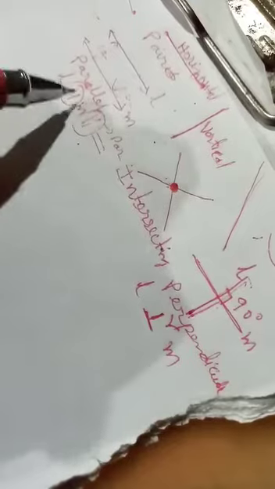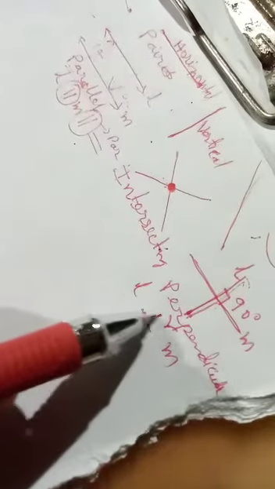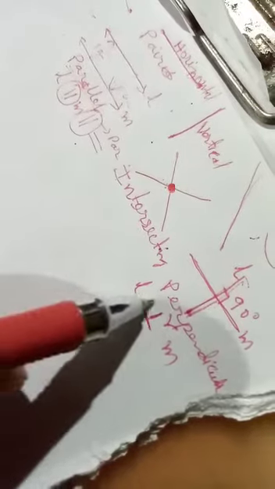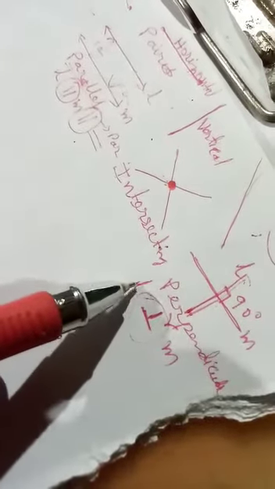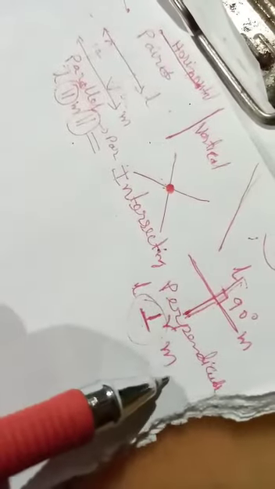If you have this horizontal one like equal, that is the symbol for parallel. But whenever you have this one, this is the symbol for perpendicular. So how will you read? You will read L perpendicular M.